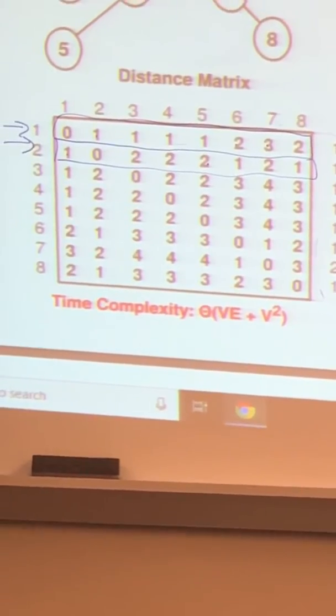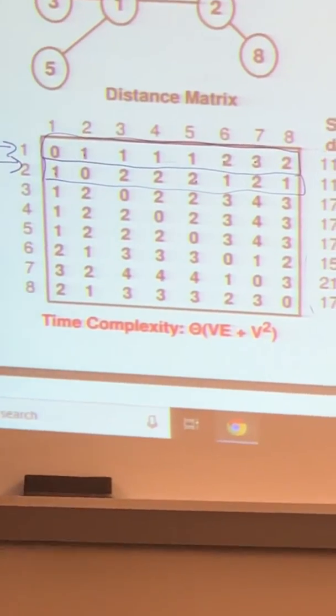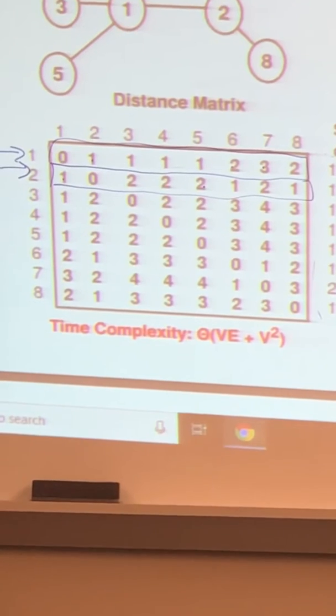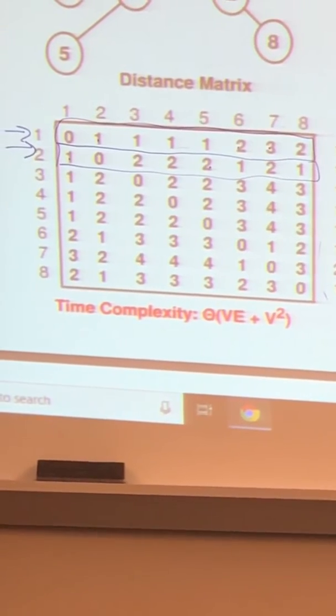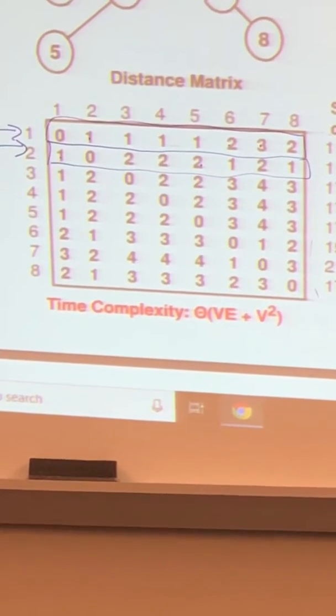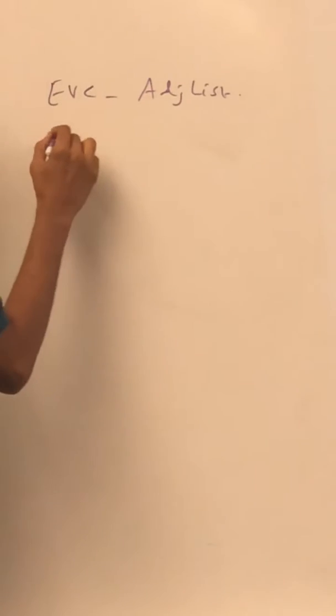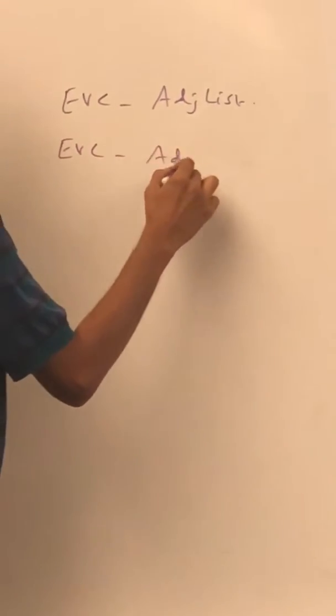To do that, we can use this spectral analysis program that I gave you. This is one scenario where you would use the adjacency matrix. Remember in the second module, you use 6 programs, and two of them are like what? EVC underscore adjacency list, which is what you'll use mostly in the second module, whereas there's one more called EVC underscore adjacency matrix.